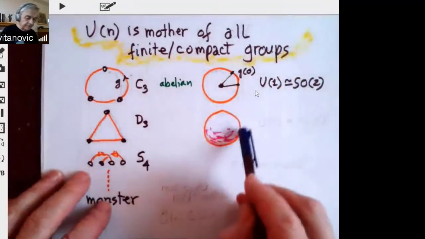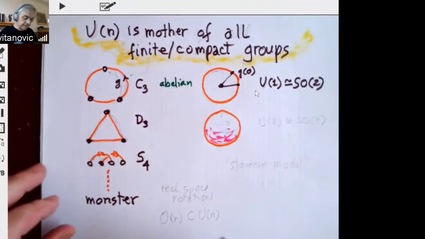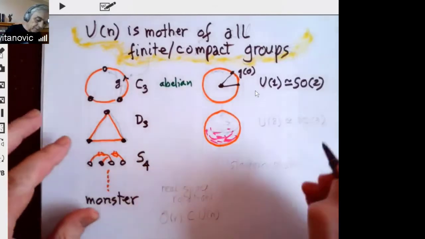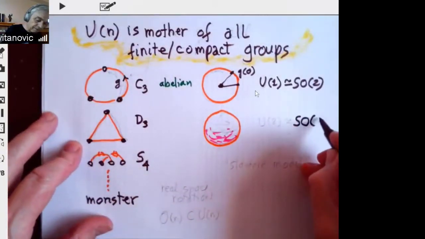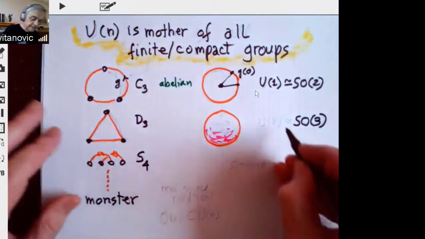It's not enough to just go around the equator. We need also the latitude, and we need to know how we are rotated. So we need actually 3 parameters, and that group in human intuition we call the special orthogonal group in 3 dimensions.